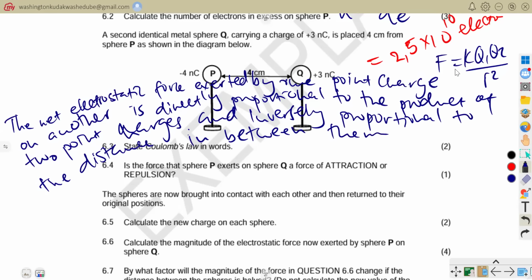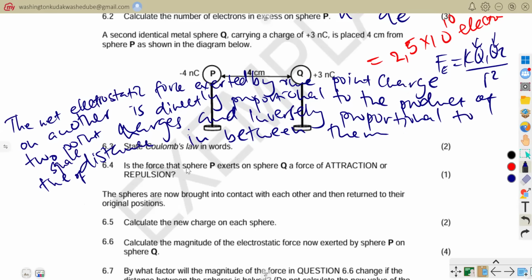That is what this law states. It says that the net electrostatic force exerted by each point charge on another is directly proportional to the product of these two point charges and inversely proportional to the square of the distance between them.